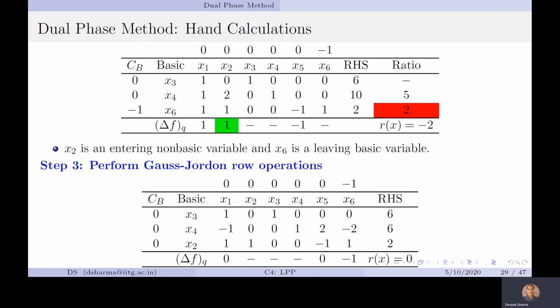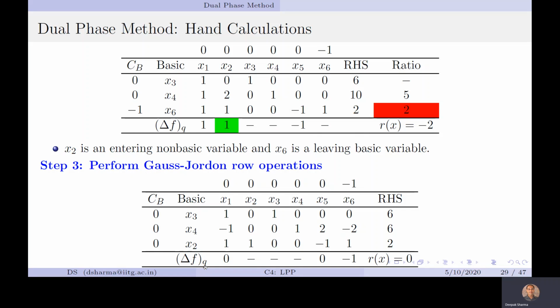We perform the Gauss-Jordan operation here. In this Gauss-Jordan operation, you can see that x3 and x4 are written and x2 has entered the table. The corresponding cost coefficients for phase 1, which are 0, 0, 0, are written in the CB column. And the rest of the coefficients, you remember, we found using Gauss-Jordan row operations.